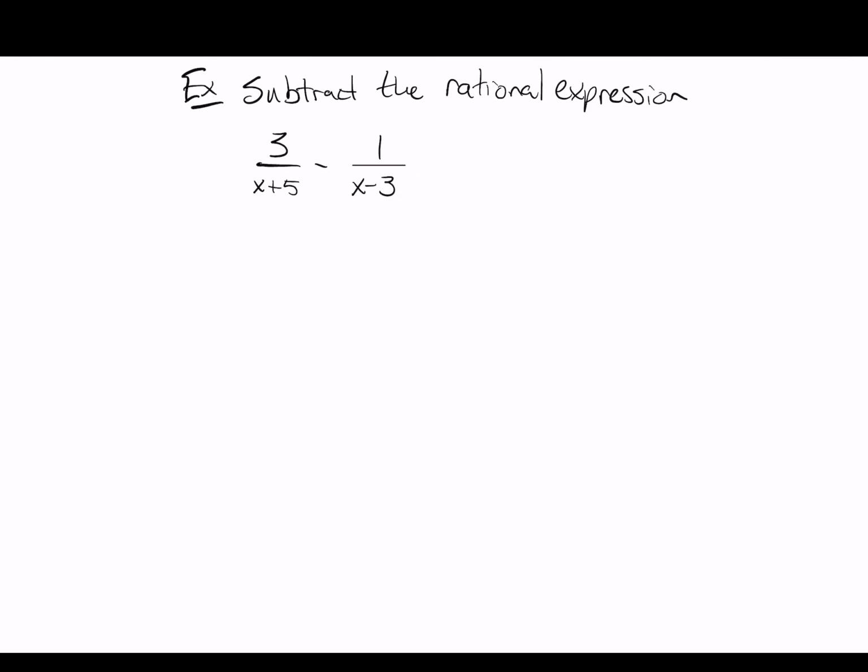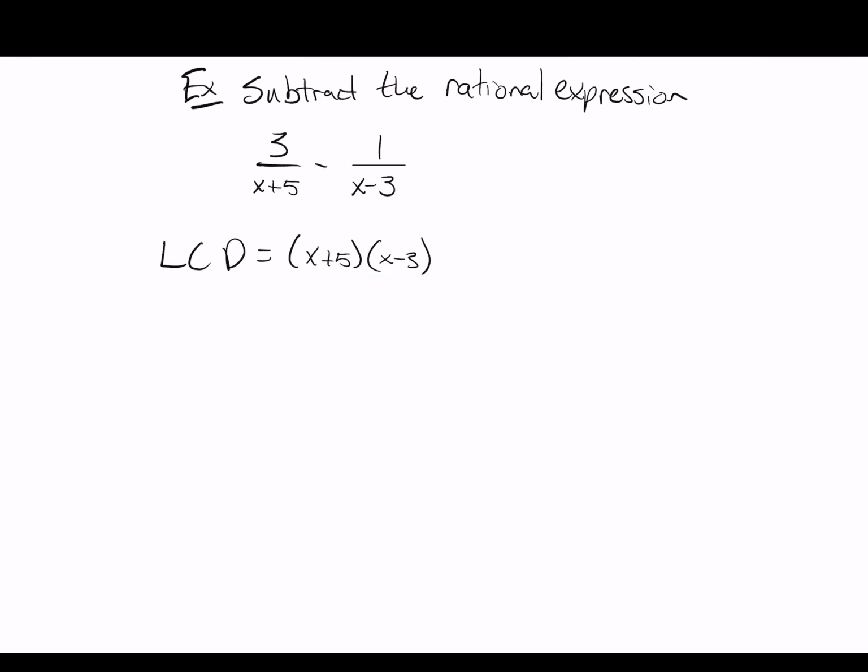Well, the LCD is the product of all of the distinct factors in the denominators. In this case, that is x plus 5 and x minus 3, because there are no other distinct factors. So we need to multiply each term by a clever one to get this whole thing, x plus 5 times x minus 3, in the denominator.